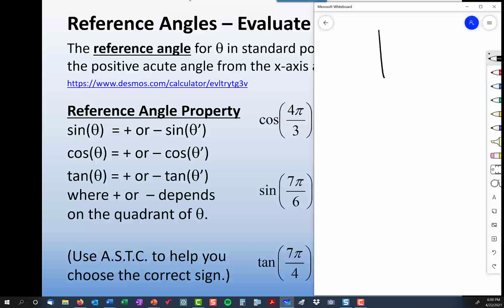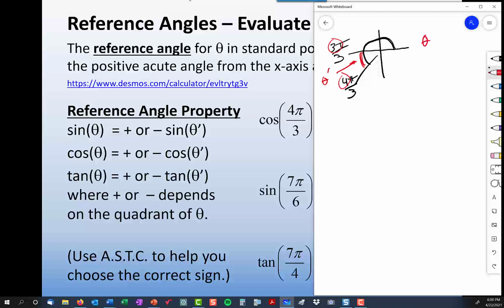Some of you are more analytical and you don't need the drawing. But if I go this far, I've come 3 pi thirds. That's not far enough. So I'm going to take my angle a little bit further to 4 pi thirds. And then I can see, oh, here's the reference angle right in here. That's the one I want. And I can get that from subtracting.